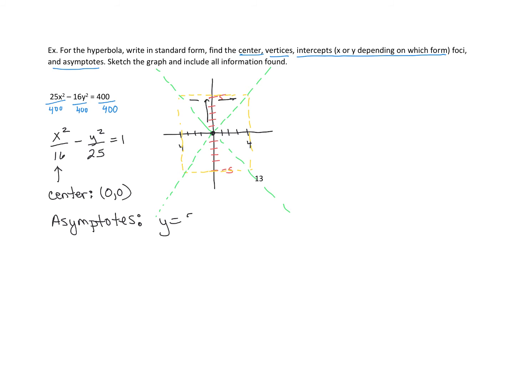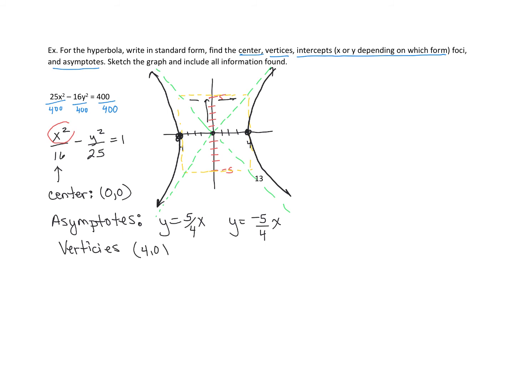So we get 5/4 x or minus 5/4 x for our asymptotes. Again, because our x is positive here, we're going to open in an x direction and hug those asymptotes. So I can see that my two vertices are 4, 0 and minus 4, 0.